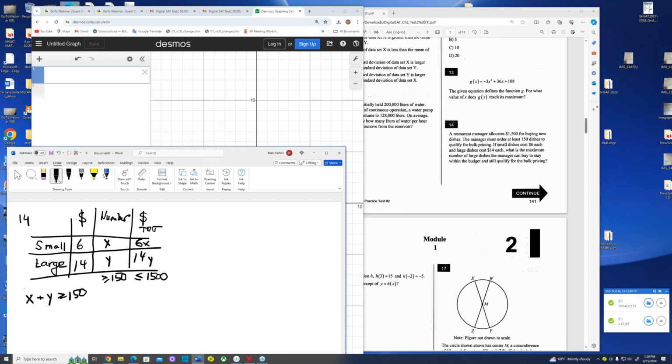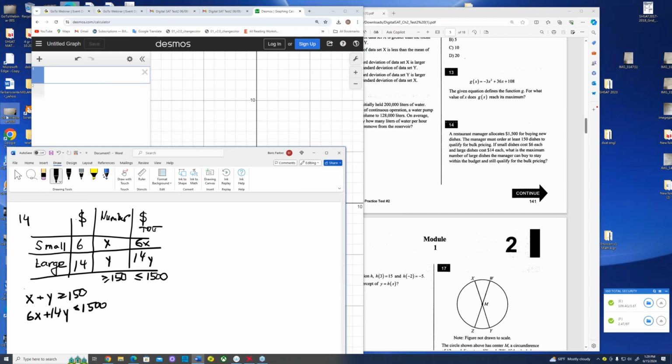Inequality number two: 6x plus 14y is less or equal to 1500. So keep in mind these two inequalities.